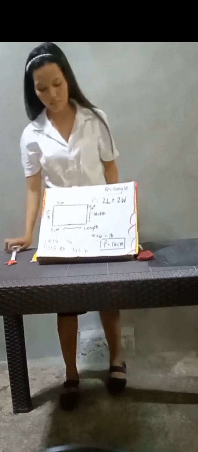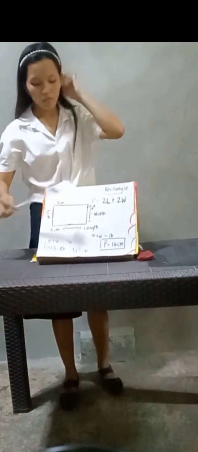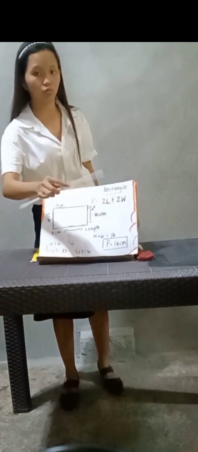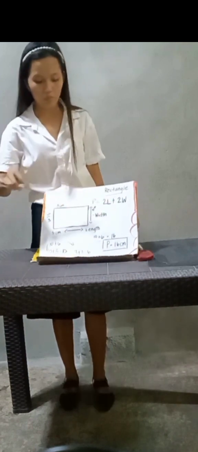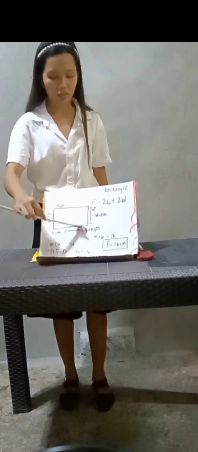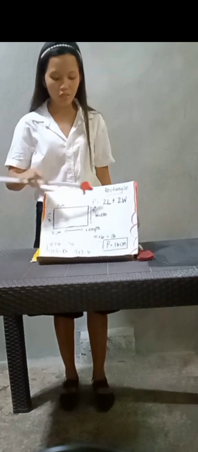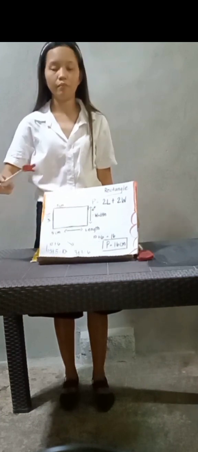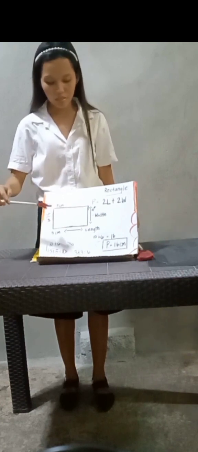The next one is the rectangle. For the rectangle, we have P equals 2L plus 2W. L is the length and W is the width. To get the 2L, we need to add this 2. In this example, we have 5 centimeters. So 5 centimeters plus 5 centimeters equals 10 centimeters.